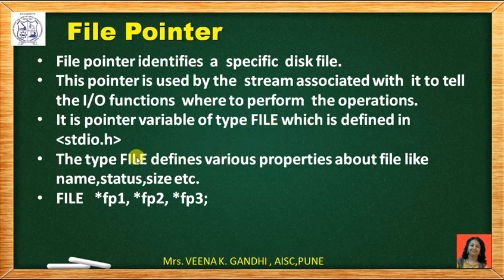This FILE type is a structure which contains the information about the file like name, size, status, mode in which file is open, current position, etc. To declare a pointer, we use the FILE keyword, the indirection operator and the pointer name. So FILE *fp1, *fp2, *fp3, like that. For every operation on files, we require this file pointer.